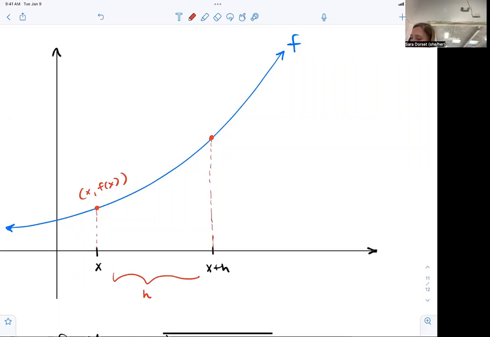And then x plus h corresponds to the point x plus h comma f of x plus h. And then there's 2 points. So the line that would pass through those 2 points, we call a secant line.